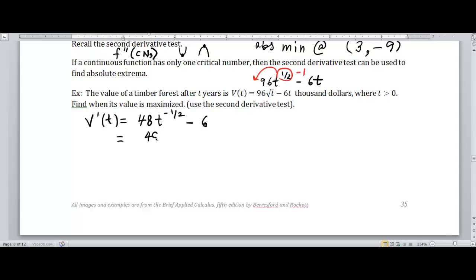This becomes 48 over square root of t minus 6, okay, and I want to set this equal to 0, okay.